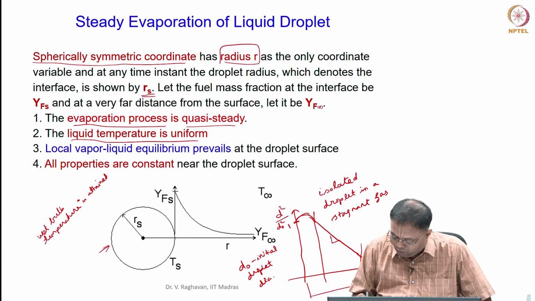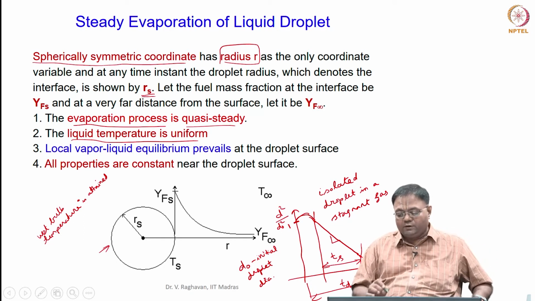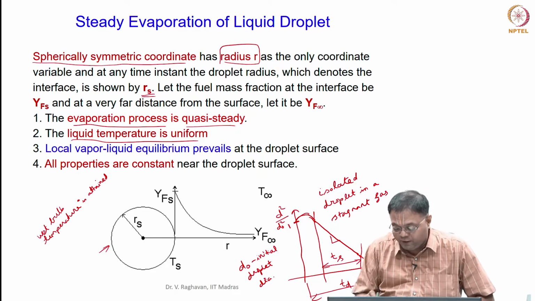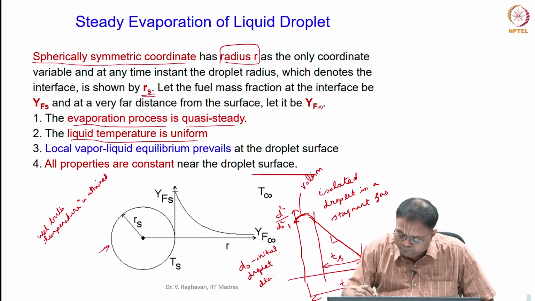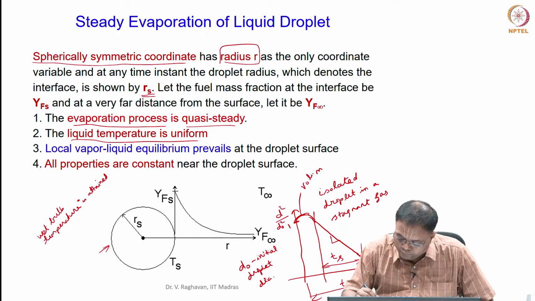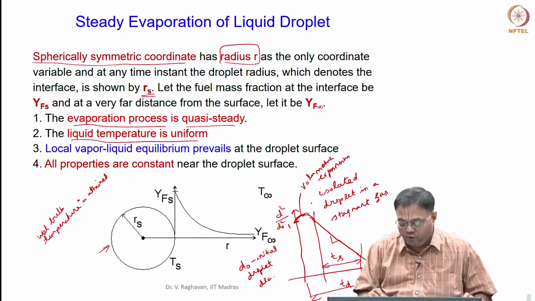The total droplet time period is Td, out of which the major part, Ts, is the steady evaporation period. Initially there is an increase in diameter due to volumetric expansion. After volumetric expansion, the droplet diameter reaches the maximum value.